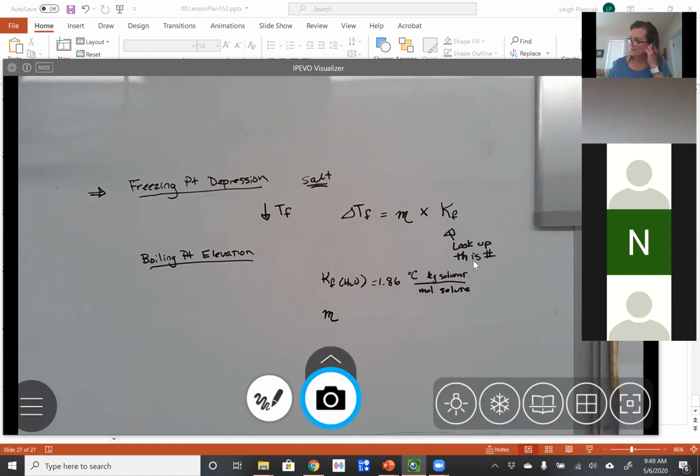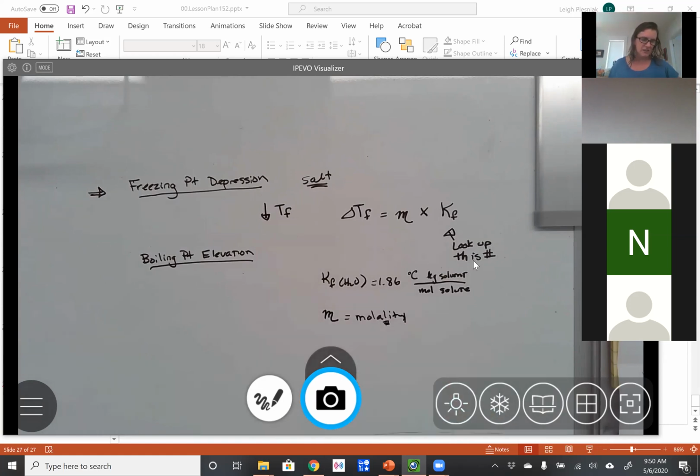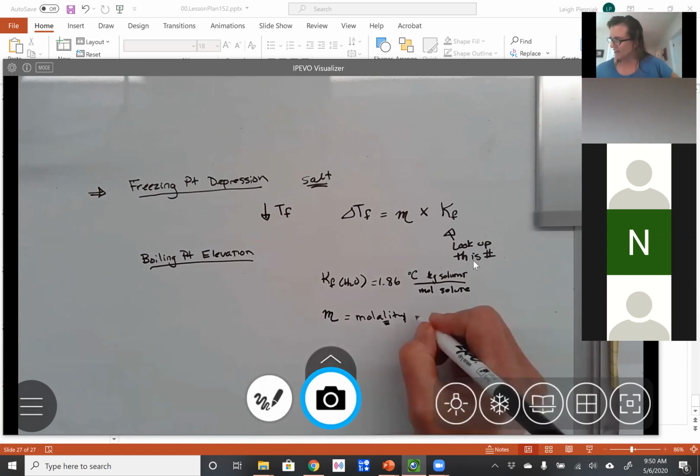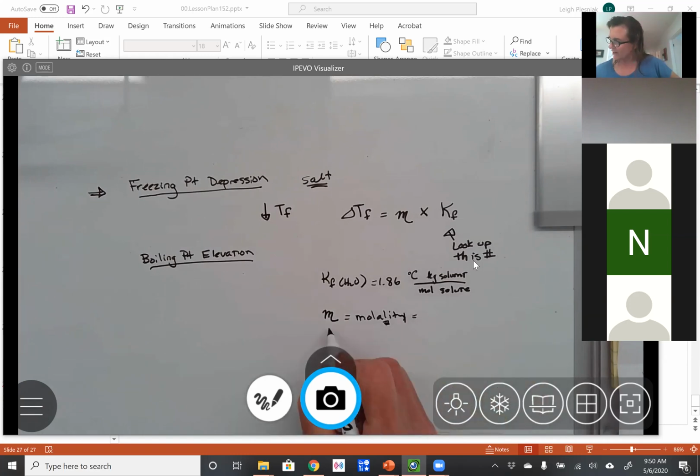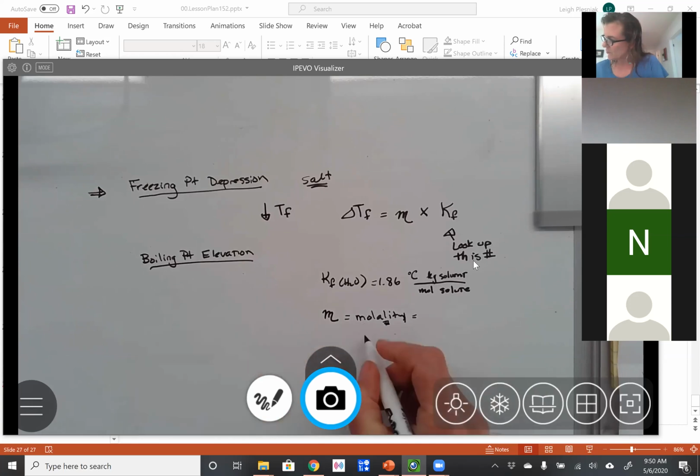Now, the other thing that's a different concept, and honestly, this is the only place I ever see molality. Little m stands for molality, not molarity. Molality is defined, it's a little m, not a capital M, as moles of solute divided by kilograms of solvent.